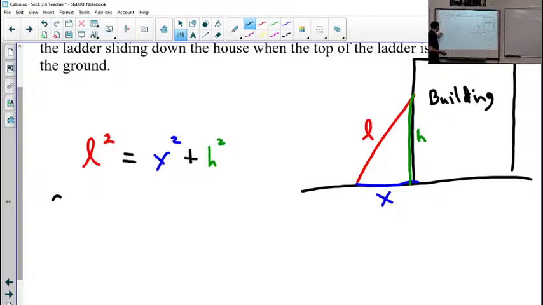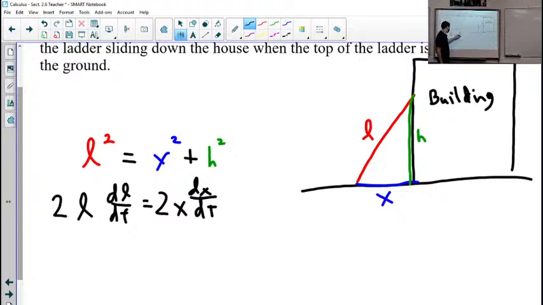Derivative of L squared is going to be 2L times dL dt. Derivative of X squared is going to be 2X dx dt. Derivative of H squared is 2H dH dt. And just to make this easier, since these all have a 2 out in front of them, let's divide this whole equation by 2.